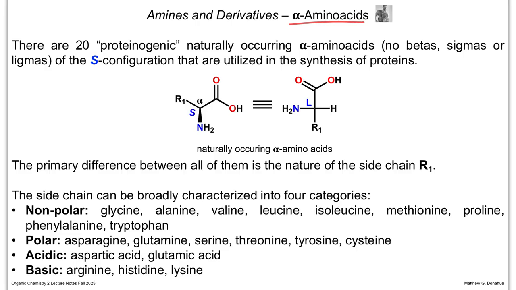And then this R1, again, that was the side chain. So really, they only differ by the nature of what that side chain is. And then as we'll see over the next couple of slides, there are 4 major categories of those side chains.